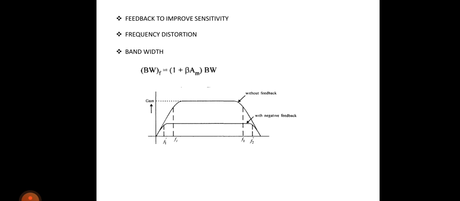Here you can see the graph without feedback and with negative feedback. Without feedback the gain is high, whereas with negative feedback the gain is reduced. Similarly, the upper cutoff frequency increases and the lower cutoff frequency decreases with negative feedback. This is the analysis by introducing negative feedback.